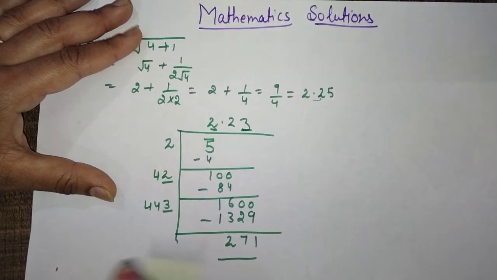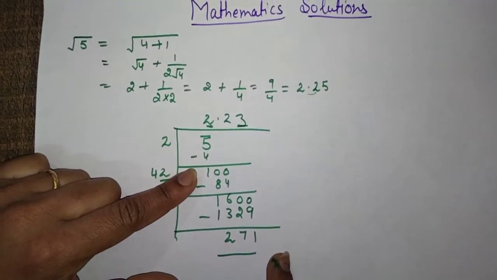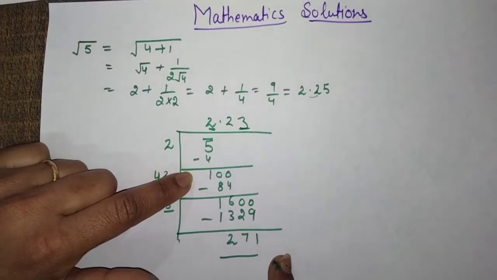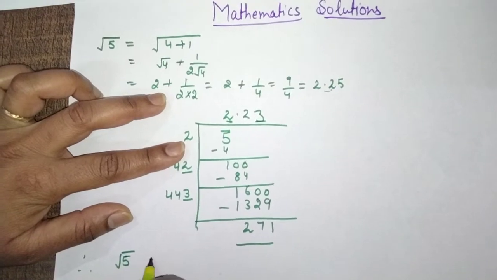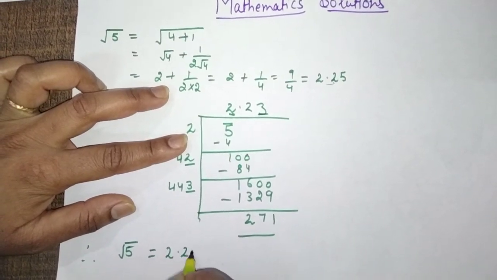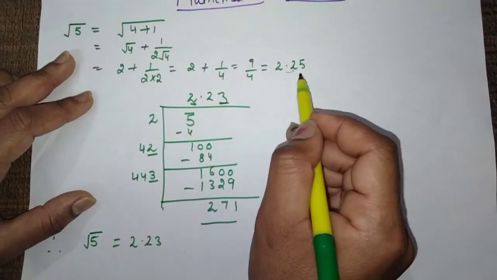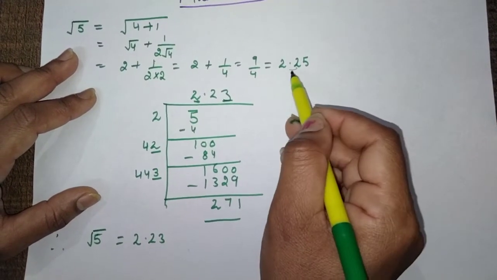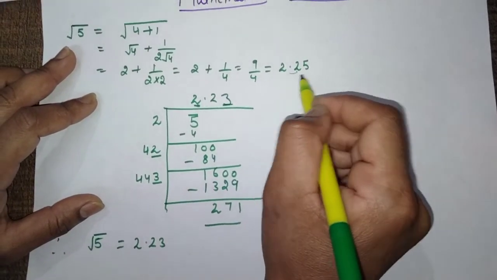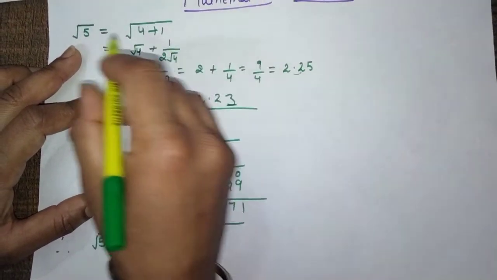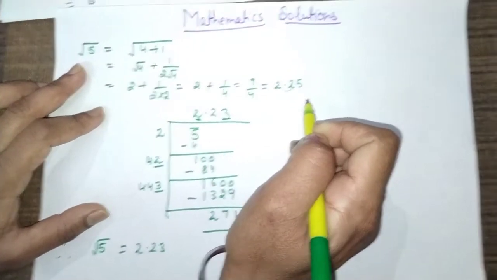So that's why I recommend you do the square root of non-perfect square numbers with the long division method. Therefore the square root of 5 is equal to 2.23. In the exam, if there are options like 2 to 3 and you get the nearest answer, then you can use this short trick method to solve those questions.